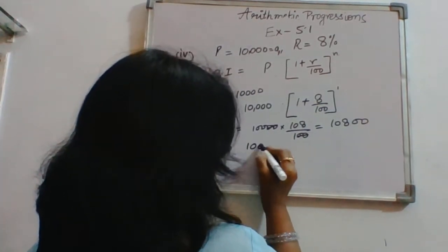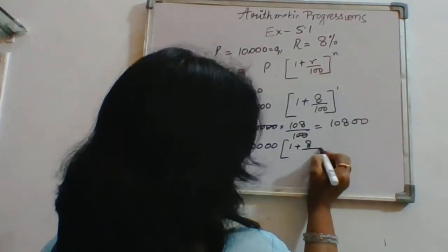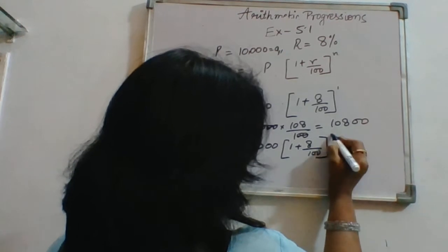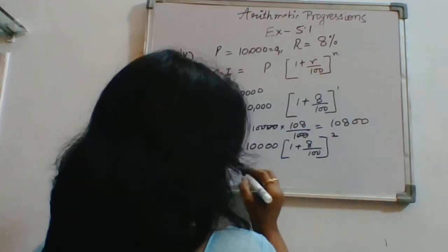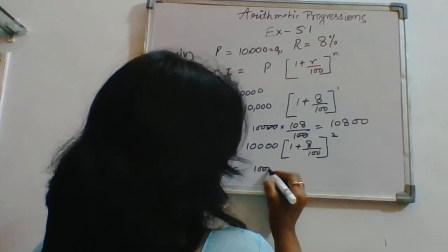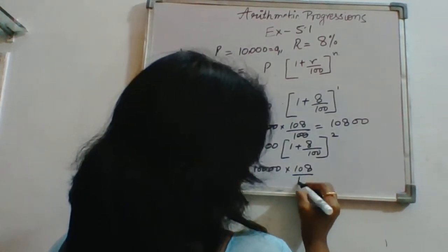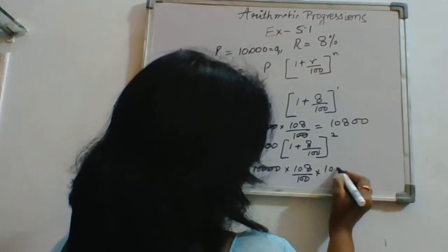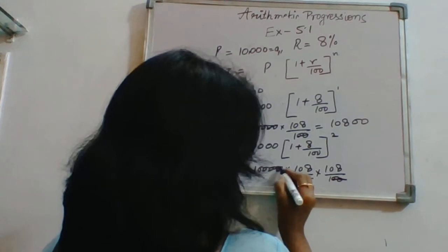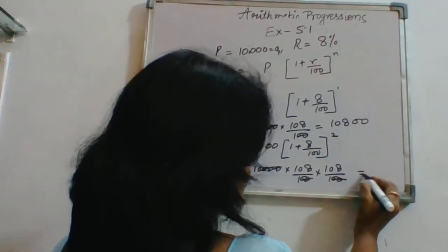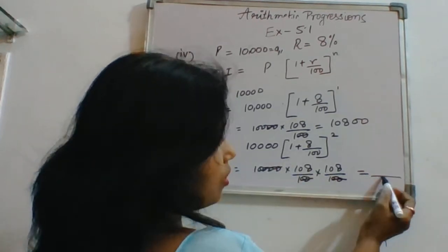A3 will be now 10,000 times 1 plus 8 by 100 raised to the power 2. This is your time. N is representing the time. So it will be 10,000 into 108 upon 100 into 108 upon 100. Just calculate it, and see that this is your A3.